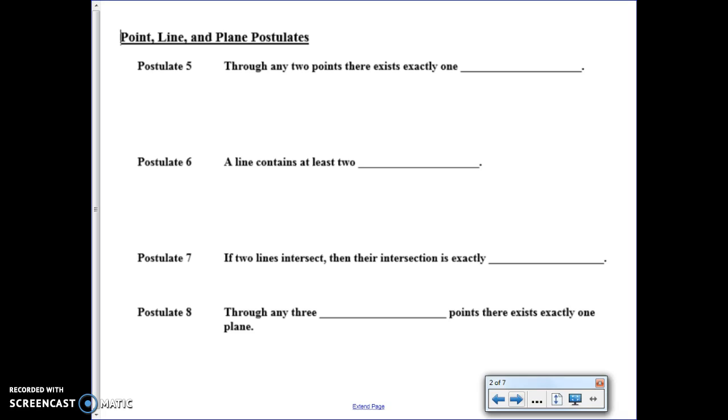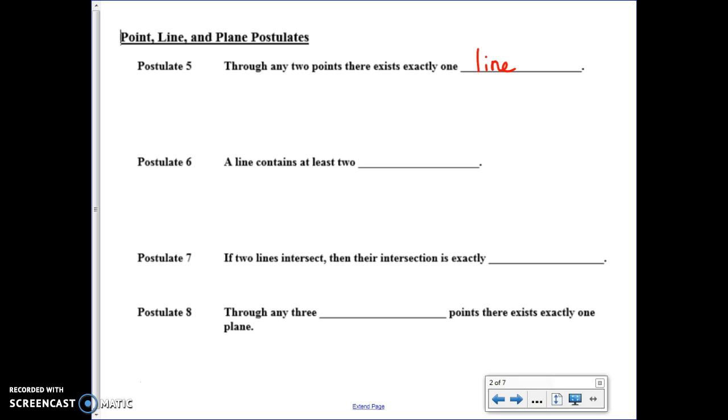So, through any 2 points, there exists exactly one line. Hopefully that is coming back to you from our very first lesson. Through any 2 points, there exists exactly one line.